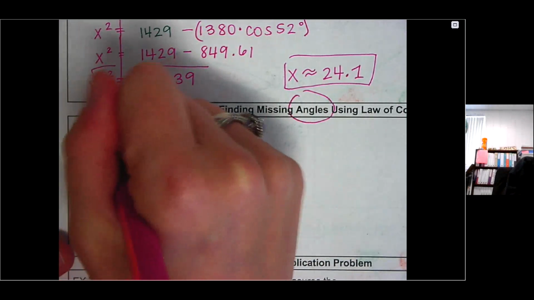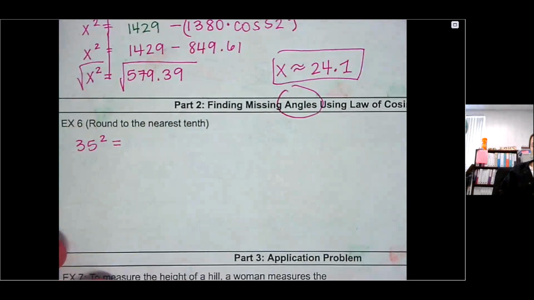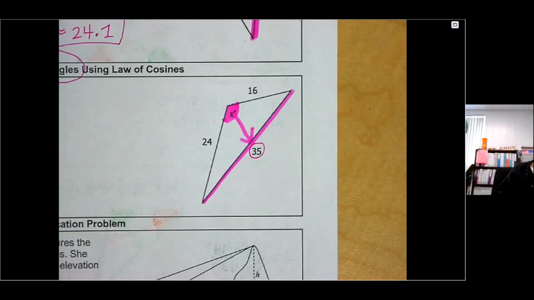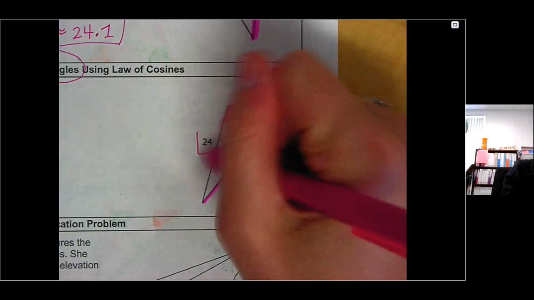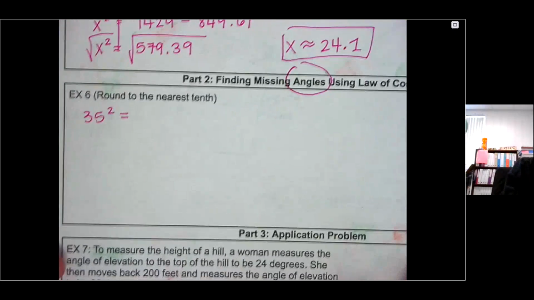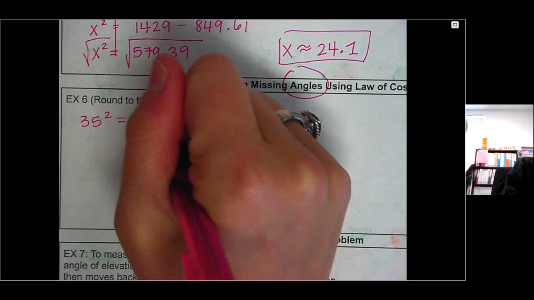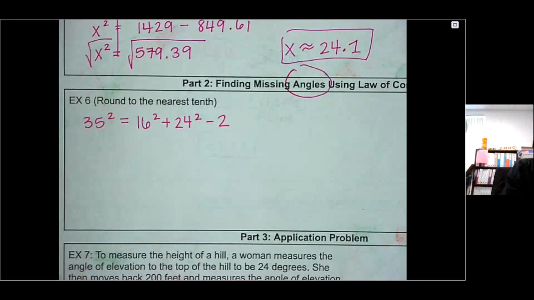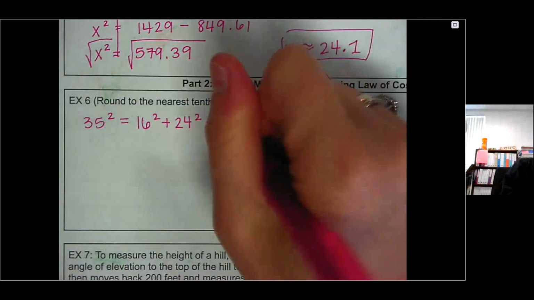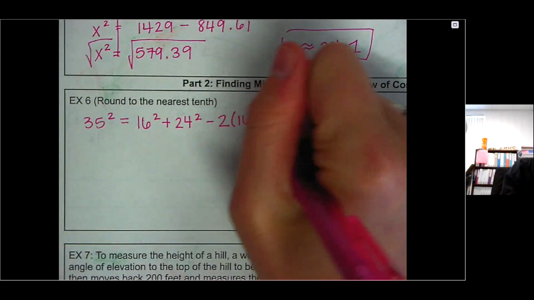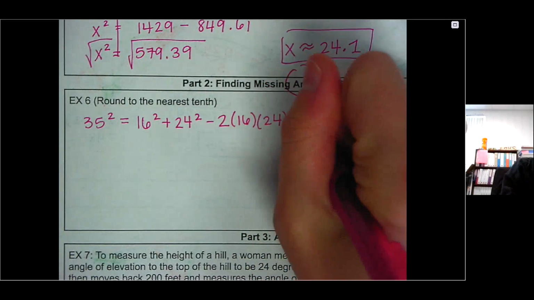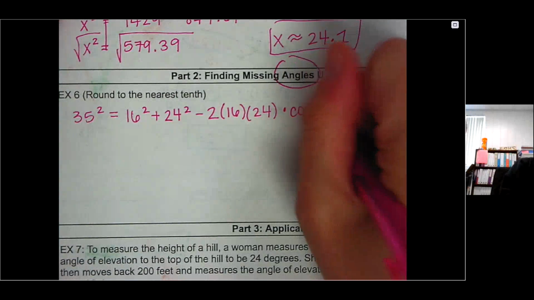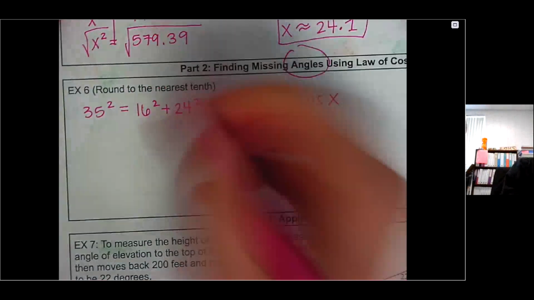Okay, 35 squared equals, I now take the other two sides that I have of the triangle, 16 and 24, and I plug them in, 16 squared plus 24 squared, minus 2 times those same sides. So 2 times 16 times 24, and then times the cosine of our angle, and we don't know what our angle is, so it's cosine of x.